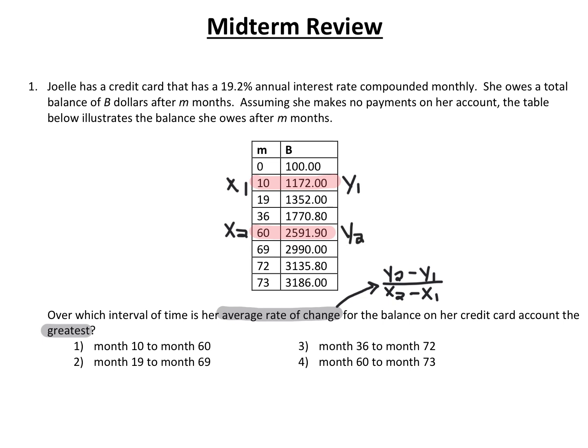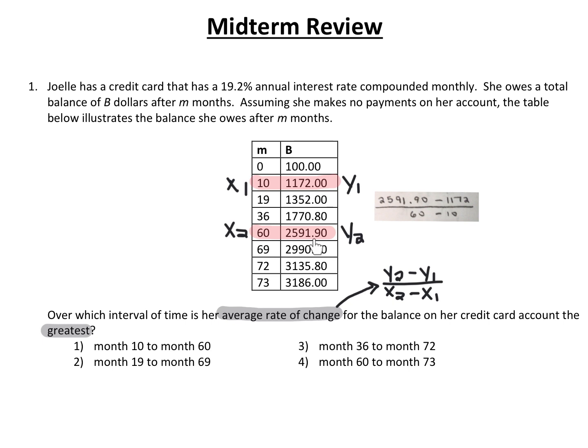So all we're going to do is just take these values right here and substitute them into our formula. So the formula says Y2 minus Y1 over X2 minus X1. So we're going to take Y2 and subtract Y1 from that, and we're going to put that over X2 minus X1.